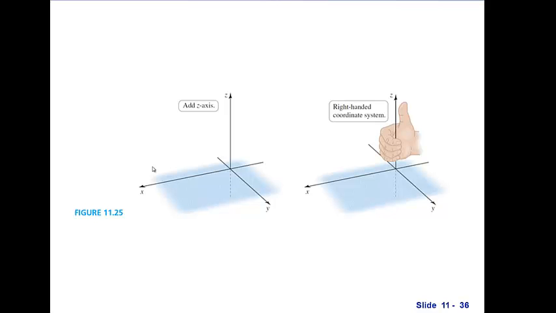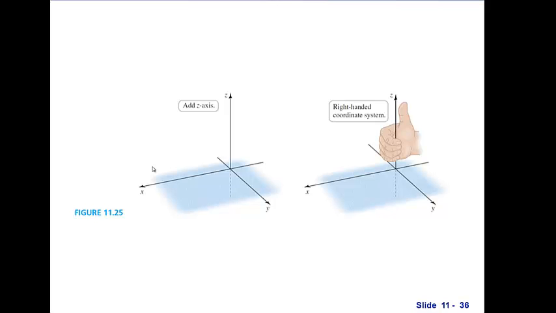The new z-axis is inserted through the origin perpendicular to the xy axes. The result is called a 3-dimensional rectangular coordinate system, or XYZ coordinate system.